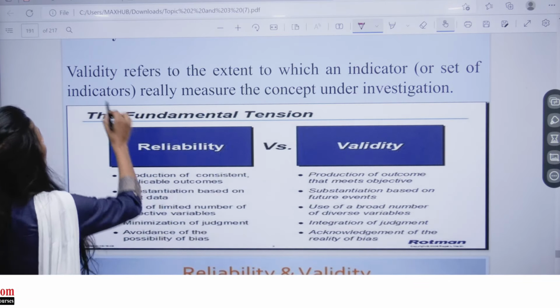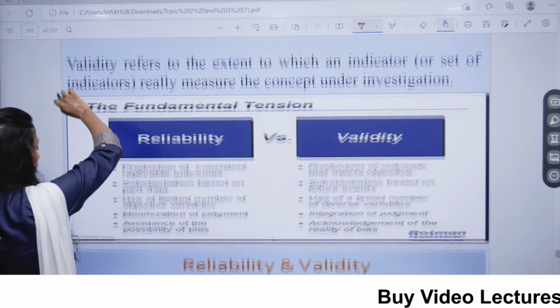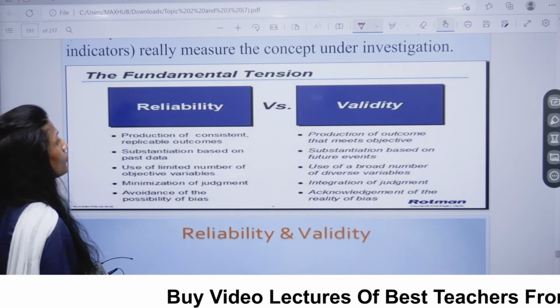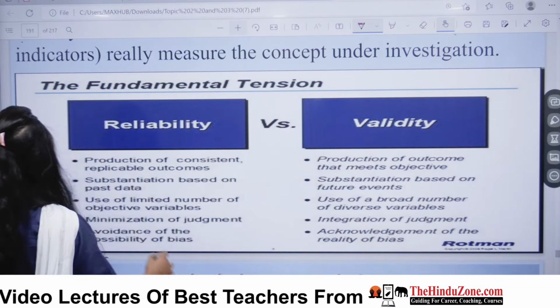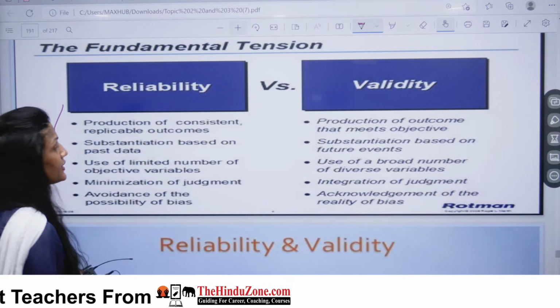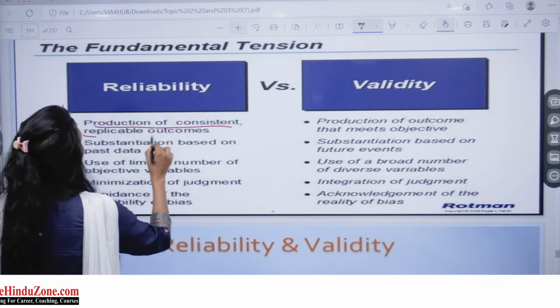So you can say validity. Now let me explain validity. Okay, no, first of all, I'll explain reliability to you. You just focus on reliability right now. So reliability is production of consistent, replicable outcomes.